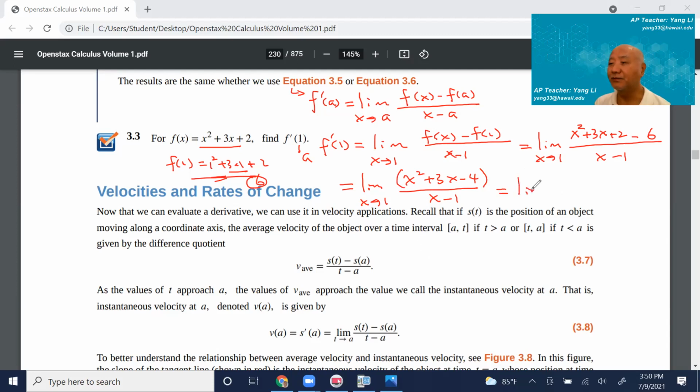This will be the limit as x approaches 1, okay? Factoring now. The factoring skill is this. x times x will be x squared. That's this one. And this one here you can write as 1 and 4. Basically, we do this one as the FOIL factoring method. We do trial and error, okay? So 4 can be 2 and 2, but I think 1 and 4 will be a better match.